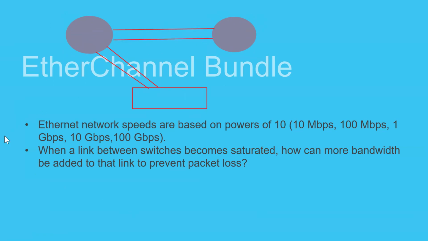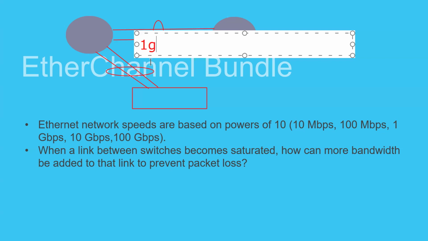We know that we want to aggregate the links or bundle the links. Why? Because we want the overall extra enhancement or overall throughput, right? So suppose we have a requirement of 2 gig of throughput between the switches, but you have only 1 gig interface connected, then what will you do?